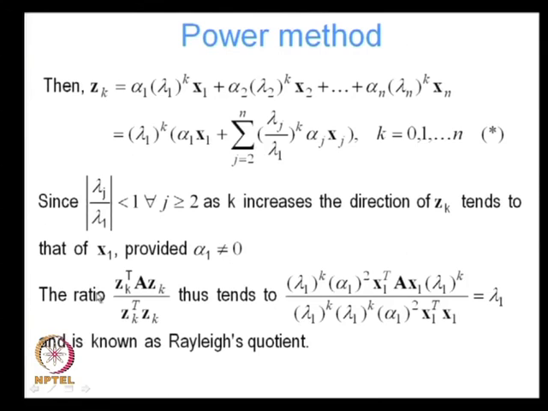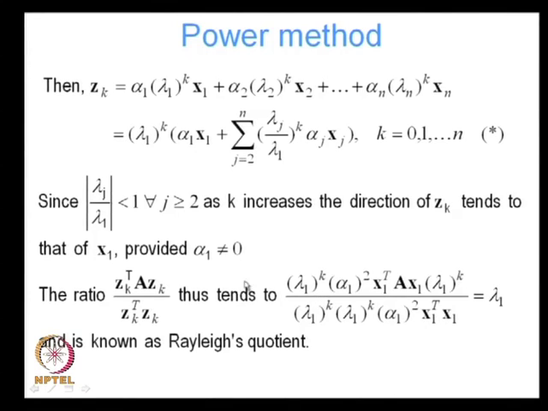Thus, let us look at the ratio z_k transpose A z_k divided by z_k transpose z_k. What does that become? z_k tends to lambda 1 to the power k times alpha 1 x1, because this term goes to 0. Therefore, z_k transpose is nothing but lambda 1^k alpha 1 x1 transpose, right. A z_k is nothing but again another lambda 1^k, another alpha 1, but now I have A operating on x1, right.